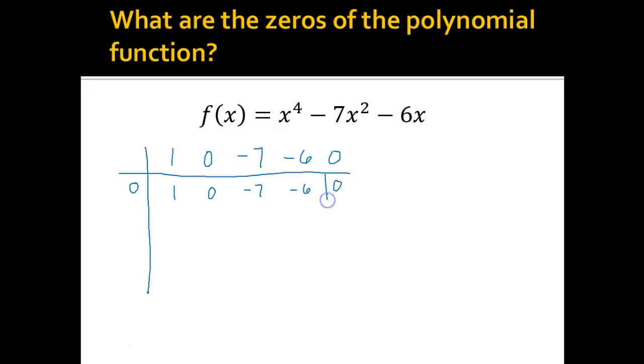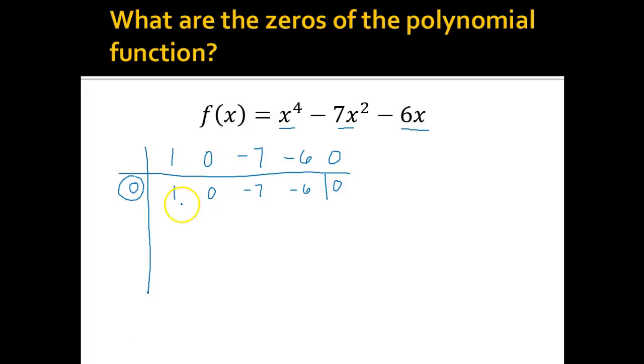So this was kind of a dumb thing I did. I could have just divided everything by x, and clearly you can see that x is a factor here, or x plus 0 is a factor. Root is 0, so one of the roots is 0. That was kind of silly, but that's okay.